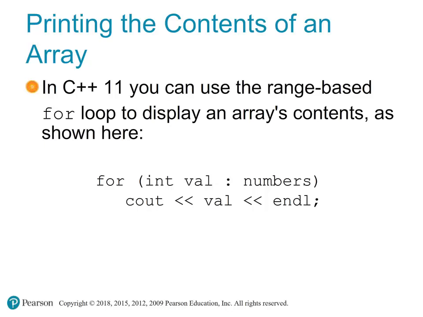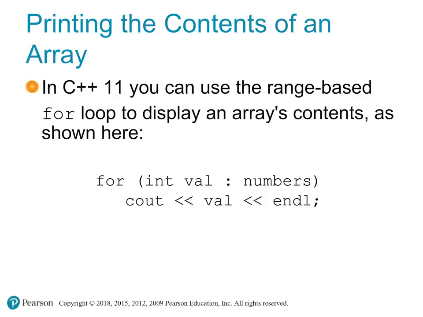The range-based for loop automatically iterates over each element in an array without the need for a counter variable or explicit length. In this code, we use the new loop style to print out each element of the numbers array.